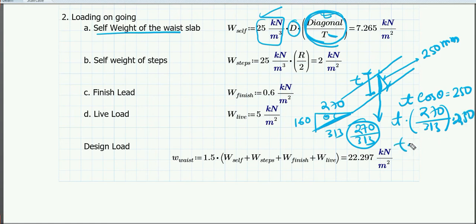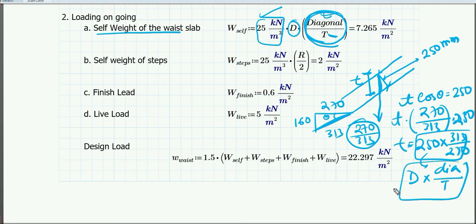So t becomes 250 into 313 by 270, or you can say 250 is the depth, 313 is the diagonal, and 270 is the thread. So this is what I have done here, you can see. So that we get this depth, the inclined depth.